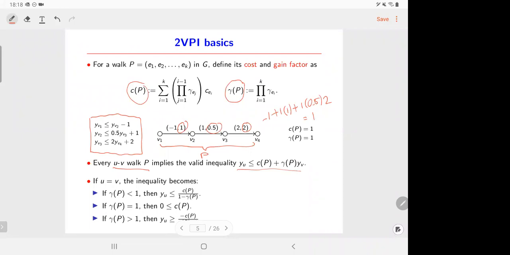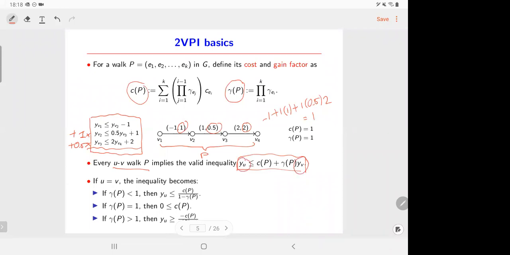And the way to see this is if you just look at this simple example again, if you take the first inequality plus 1 times the second inequality plus 0.5 times the third inequality, then what you get in the end is just the implied bound.